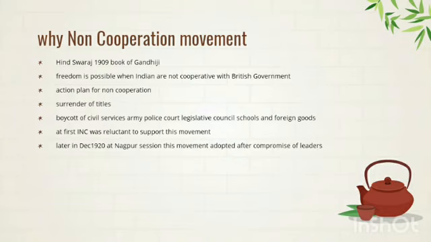So the British goods were to be replaced by domestic goods so that Swadeshi could be promoted. Okay. In case of government suppression, a civil disobedience movement would be launched. That was the plan of Mahatma Gandhi.